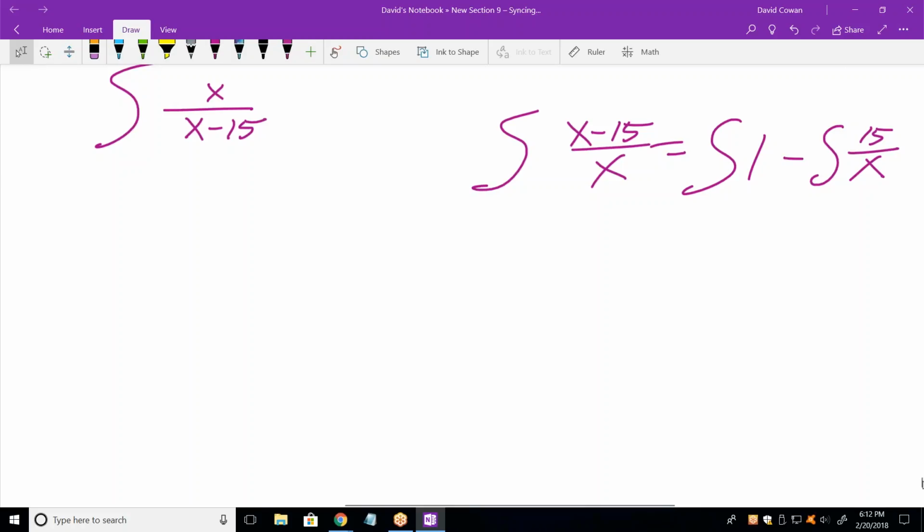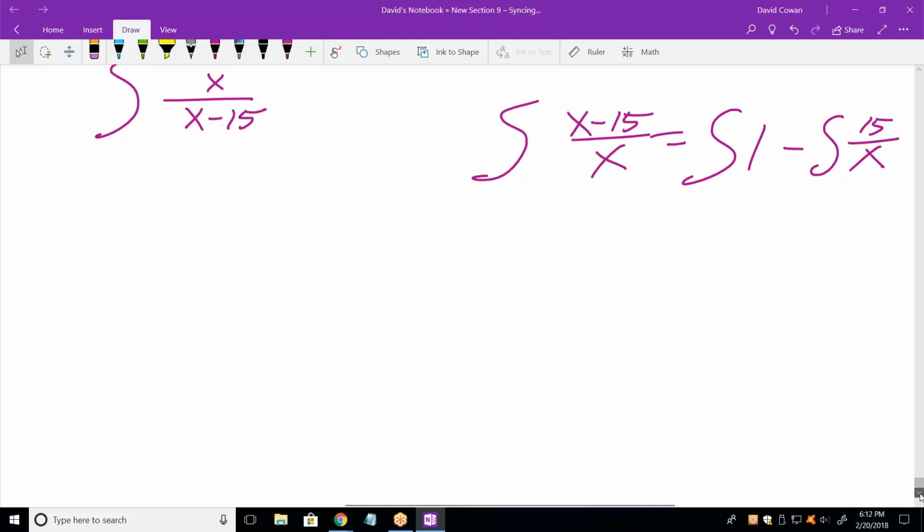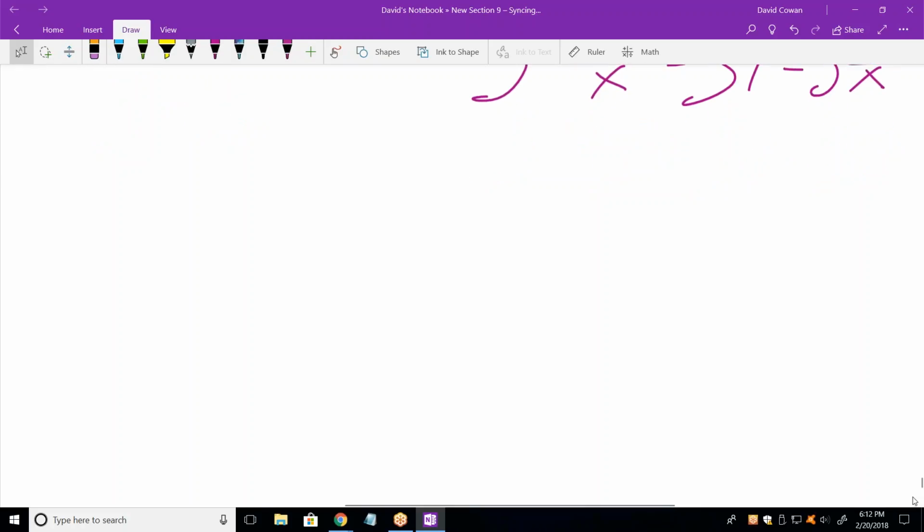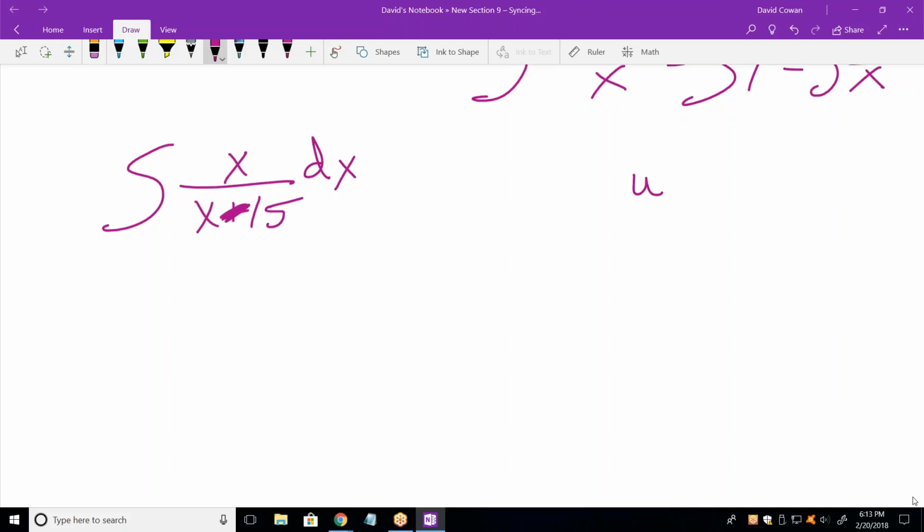Let me start it again from scratch. Was it x plus 15, right? Yes, or minus 15. All right, so look what happens if I let u equal x minus 15.